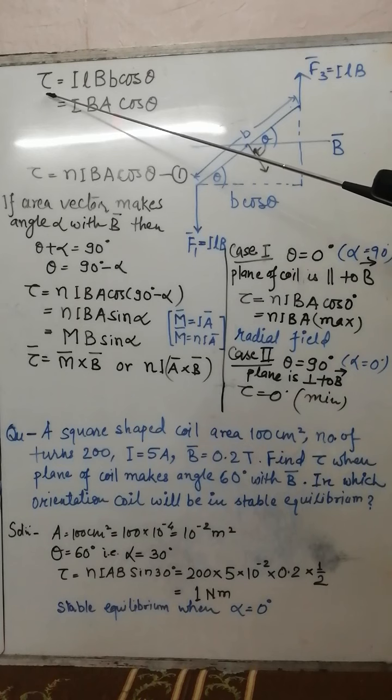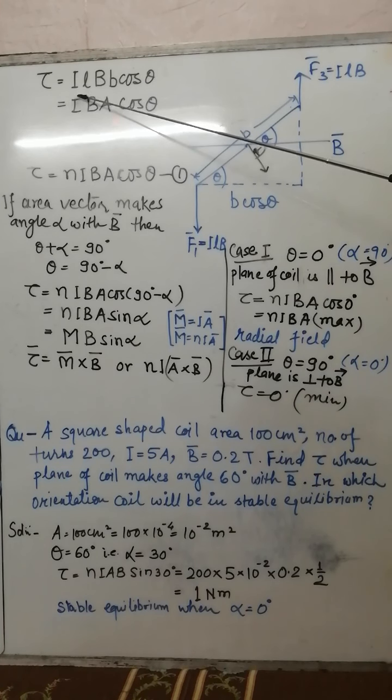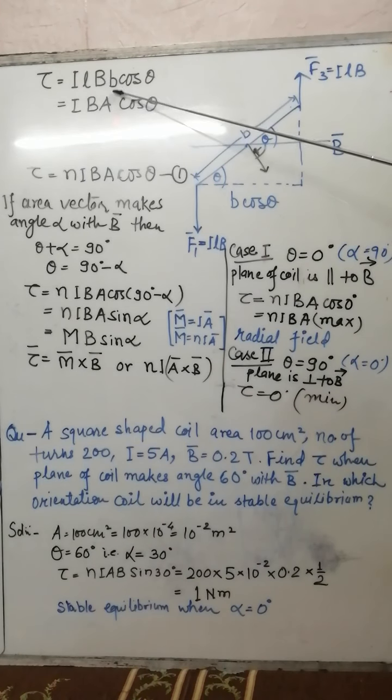So the torque tau is equal to either of the force and perpendicular distance between them. So this is another diagram of two forces F1 and F3, which are acting along different lines of action. Okay, F1 is equal to I L B, F3 is also I L B, but their lines of action are different. They are parallel to each other.